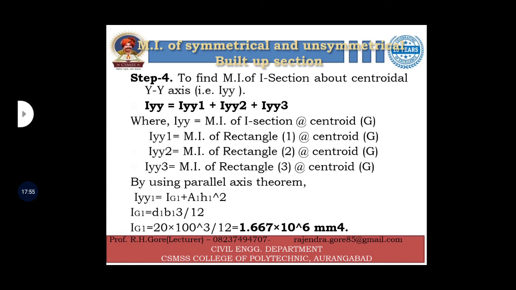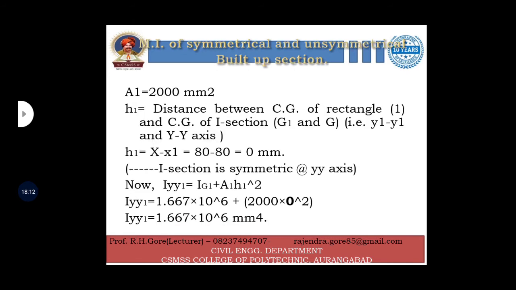So by using parallel axis theorem, Iyy1 is equal to Ig1 plus A1H1 square. Ig1 is D1B1 cube by 12. So it's 1.667 into 10 to the power 6 power 4.